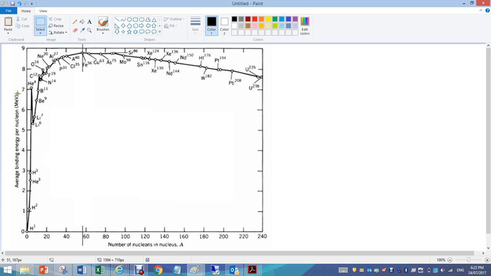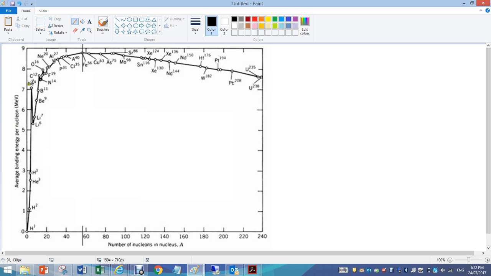So again, let's look at the two axes. The y-axis says the average binding energy per nucleon. It's in mega electron volts, which I will show you how to convert in a second. So it just tells you how much binding energy is in, on average, each nucleon per element.